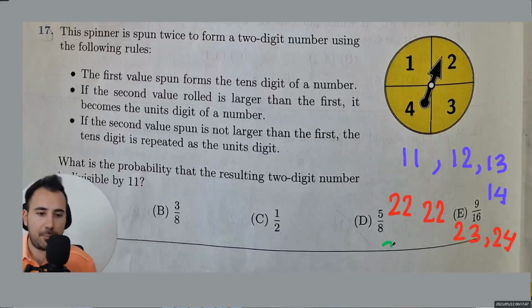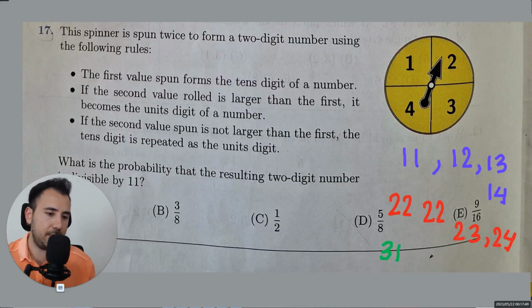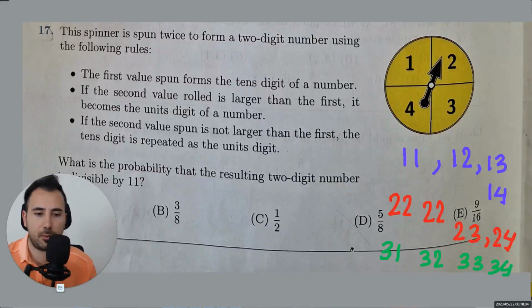So what happens if we have all the possibilities? Let me write them all. 32, 33, and 34. 31 is not acceptable because the second number is not larger than the first number. So this will turn into a clean 33.